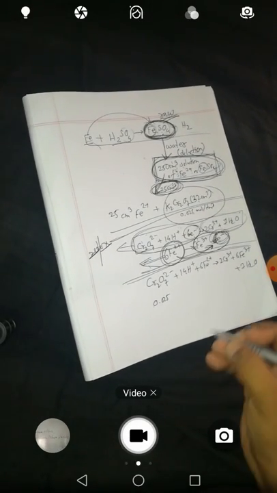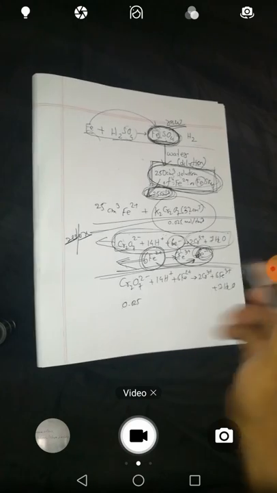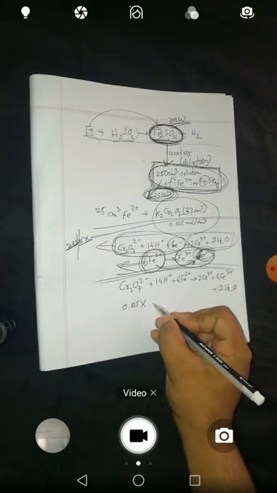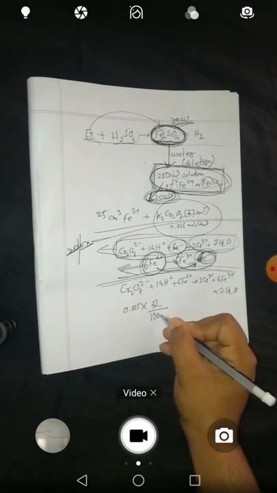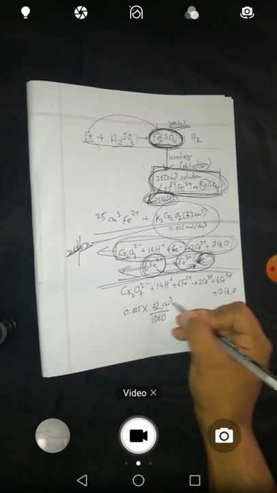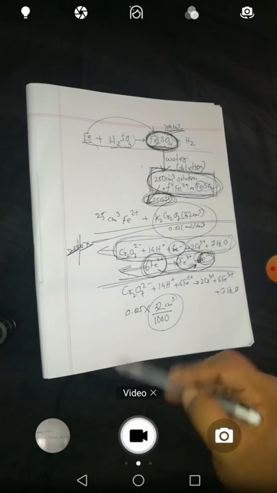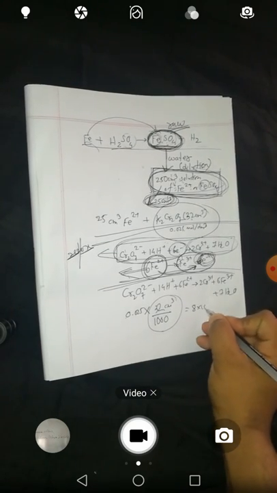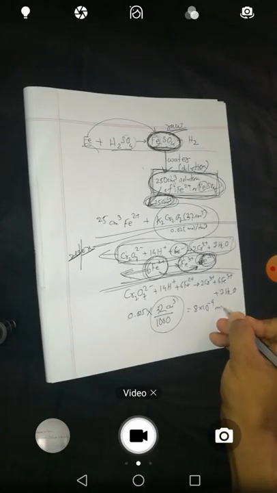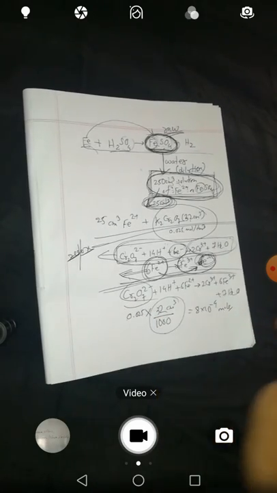We need to divide this by 1000 because the volume is given in cm cube, so we are converting it into dm cube, and the answer would be 8 into 10 to the power minus 4 moles of potassium dichromate, or simply dichromate.